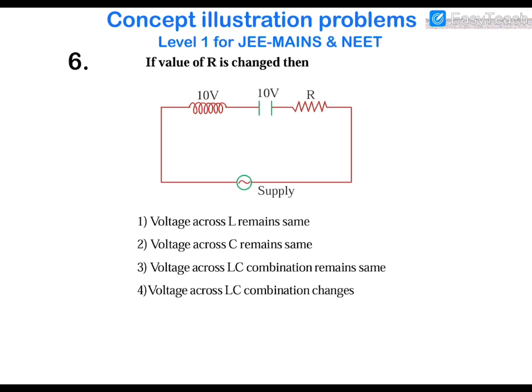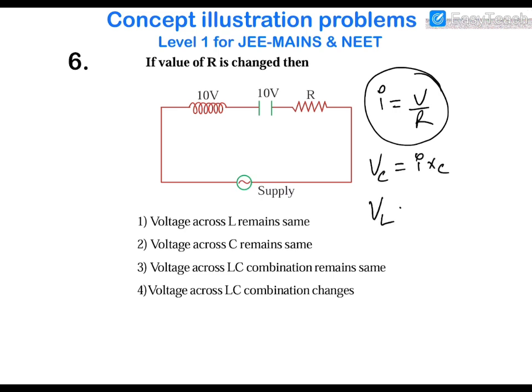In the resonance condition the circuit will be behaving like pure resistive, and the current flowing in the circuit will be V by R. Now if we change the value of the resistance, then the value of current will change, and the value of VC will be IXC, and the value of VL will be IXL, and hence the values of VL and VC will change.